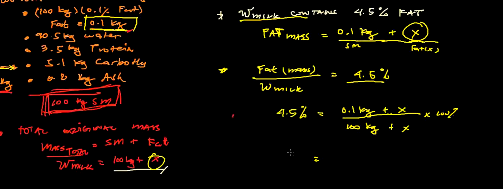So all in all, using algebra, we have 0.045 multiplied by this part here, 100 kilogram plus x, is equal to 0.1 kilogram plus x.